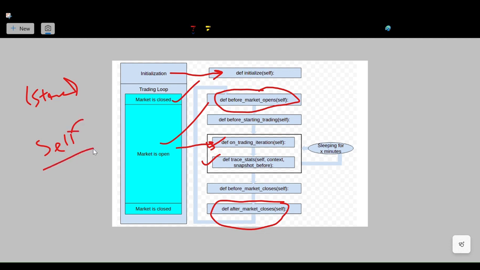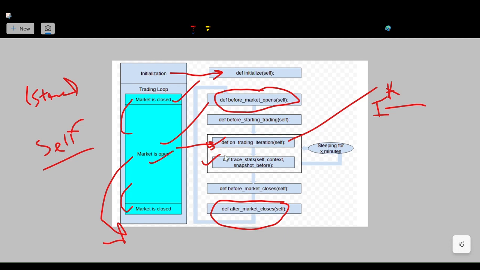If any crash occurs or any kind of interruption takes place, then the loop gets stopped, and the self.minutes_before_closing minutes before the market closes, and it restarts on the next day when the market opens again. Market is closed, market gets open, then market gets closed, then the next day again market gets open. So if there is a crash, the loop will get executed the next day when the market is open.